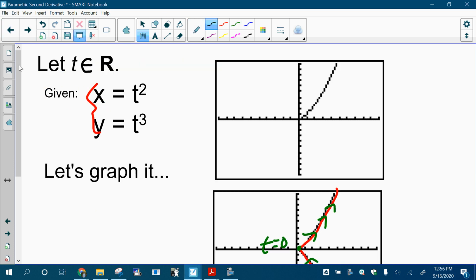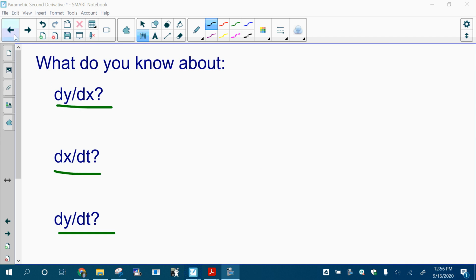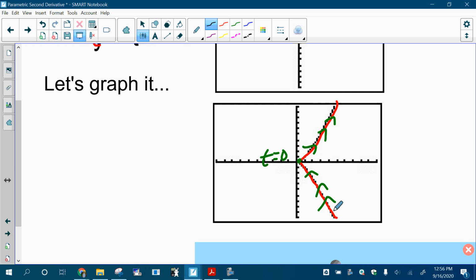Look at this graph and think for a second. Remember, dy dx is the slope of the tangent line. The slope is positive, positive, positive, positive, undefined, positive, positive, positive.